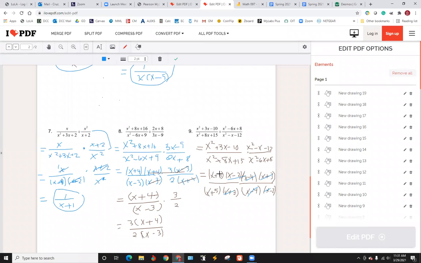Oh, this is 5. I'm sorry. I'm just thinking it's a 3. So that's a 5. So not everything's leaving. No, yeah, there is. Because that's 5 minus 2 is 3. So this whole thing is equal to 1.